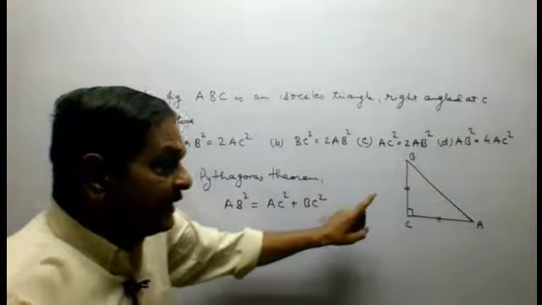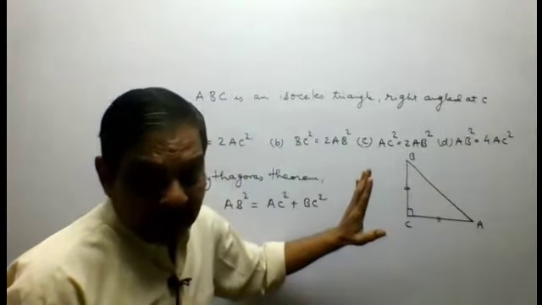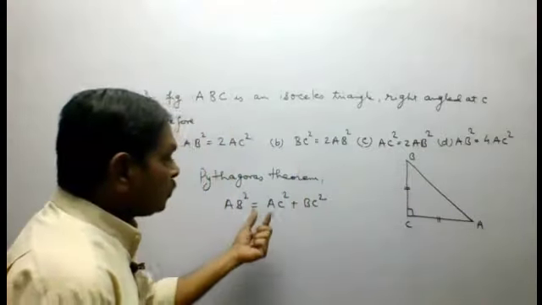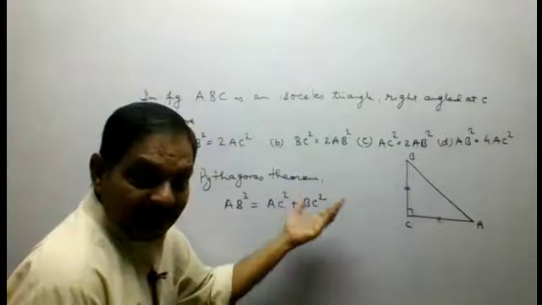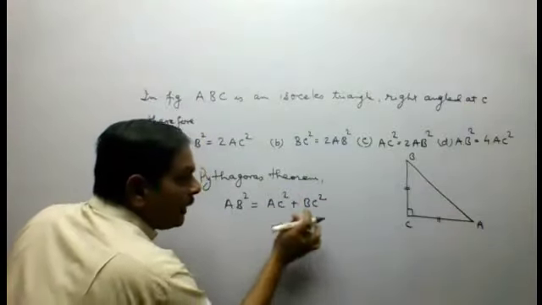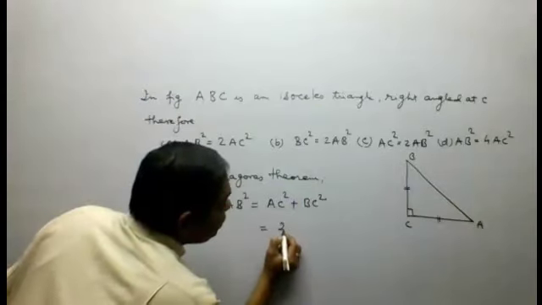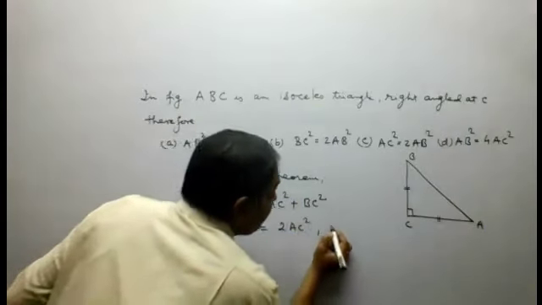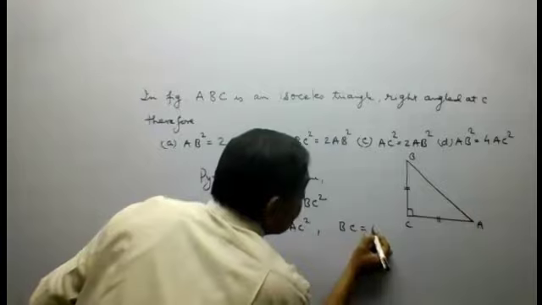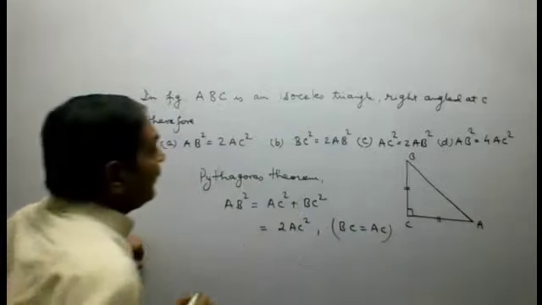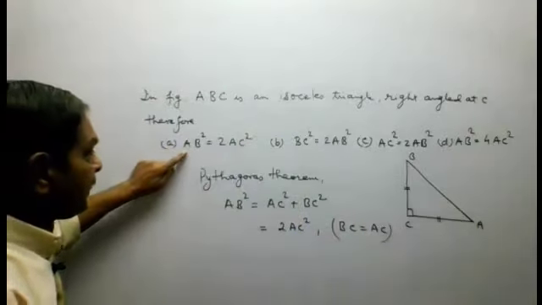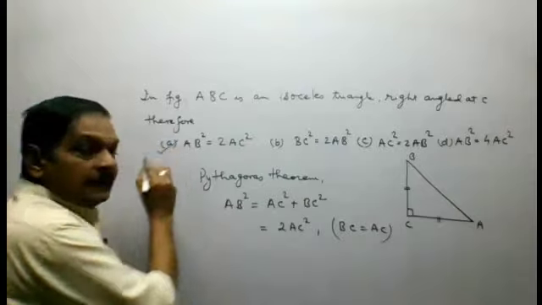Now AC and BC are equal because the triangle is isosceles. So instead of BC square, I can write AC square, and AC square plus AC square makes it 2AC square. So this becomes 2AC square because BC is equal to AC. And hence we find that option A is the correct option.